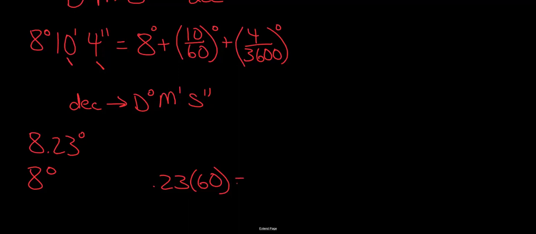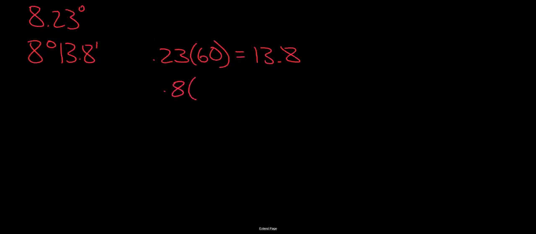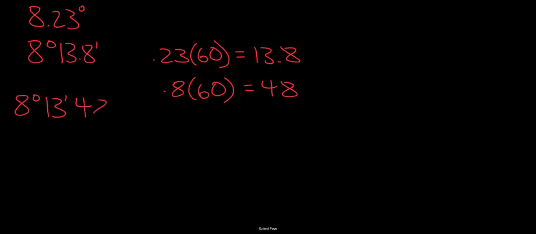And you get 13.8 minutes. Well, there's a fraction, so there's 13 whole minutes. We want to find out, well, how many seconds is that? In other words, it's 0.8 of 60. So I'm going to take 0.8, we multiply by 60 again, and we get 48. So now we're done. We've got 8 degrees, 13 whole minutes, and then 48 seconds. And there you have it. You've converted.